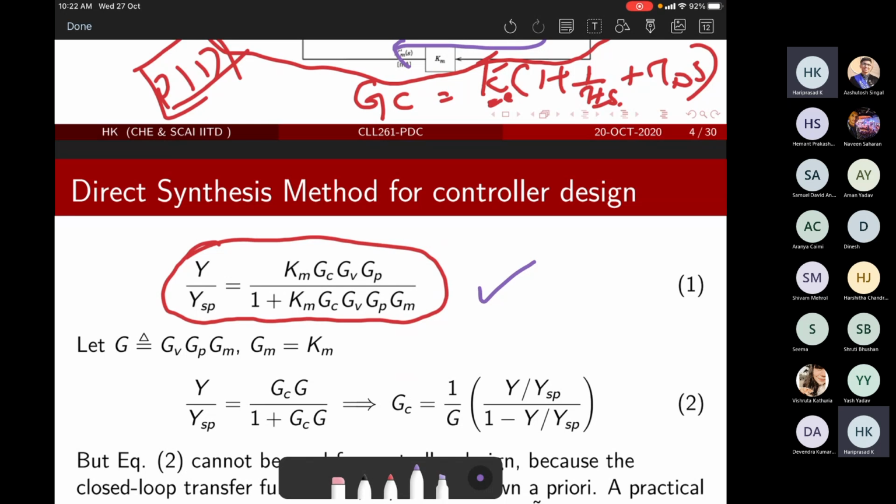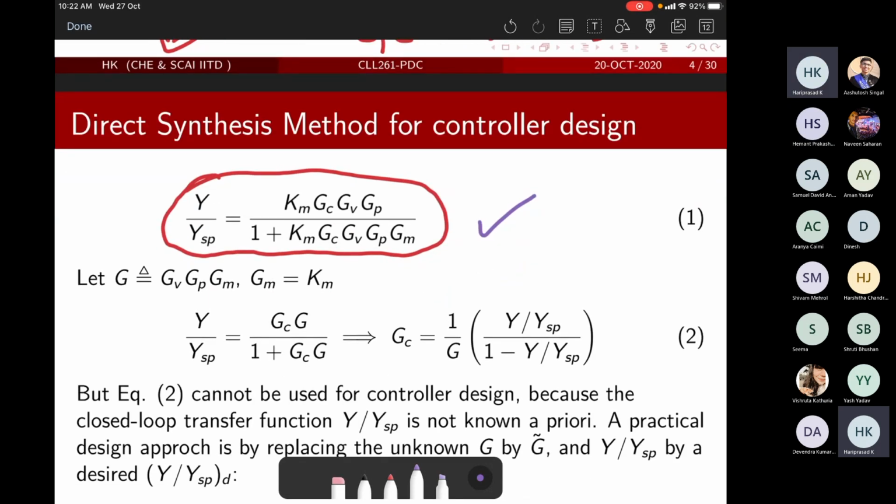Okay, so now what you can do, I hope I'm audible, right? Is there an issue? No, sir, no issues. Perfect. In fact, you can only do one thing: play with the controller. So you isolate the GC term, and combine all the others together. You can multiply all these transfer functions and get a simple transfer function.